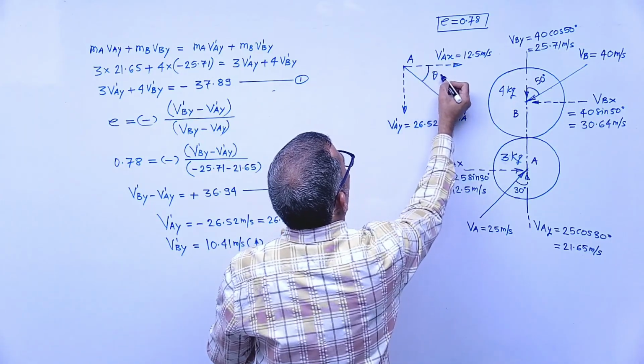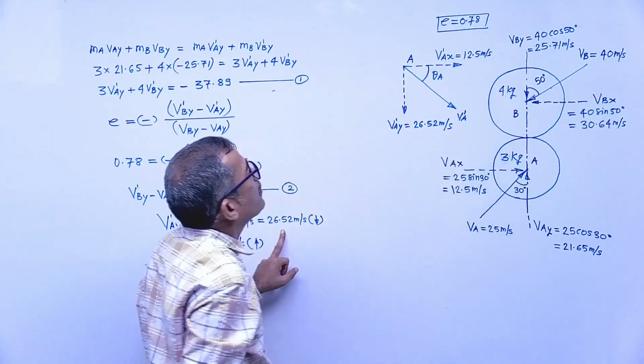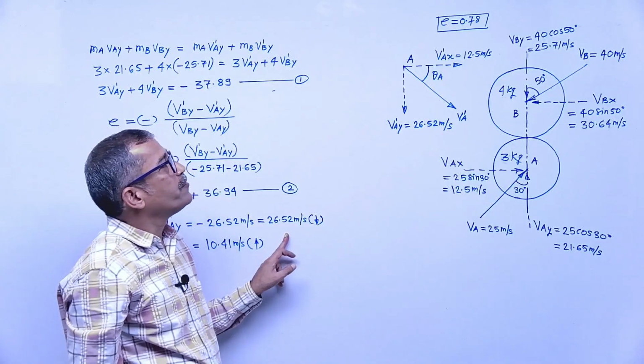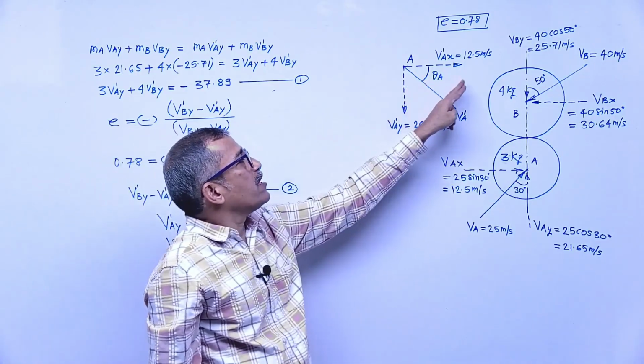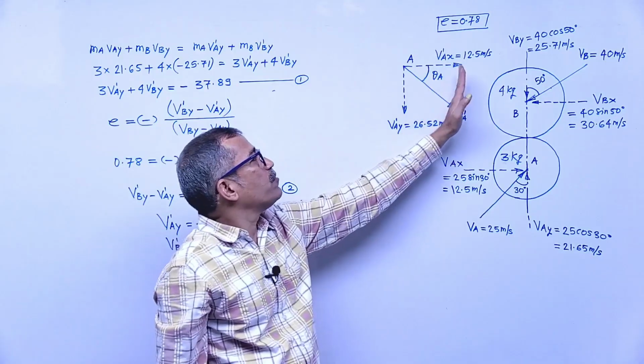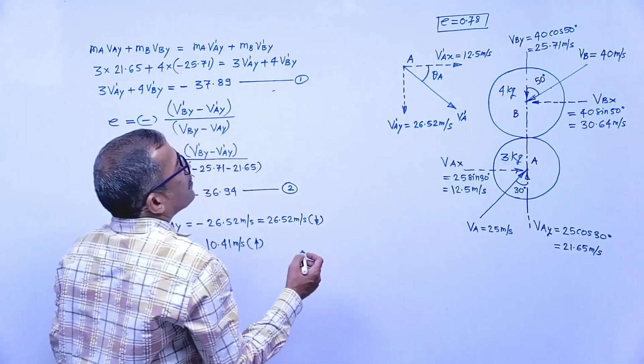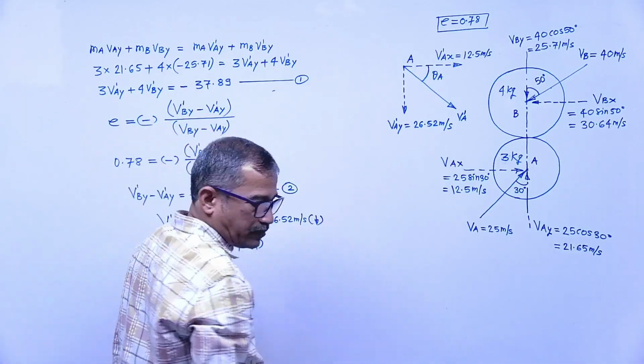Say this angle is theta. VA dash is the root of VA dash x square plus VA dash y square. Tan of this angle is opposite upon adjacent. Opposite means vertical, 26.52 divided by VA dash x.